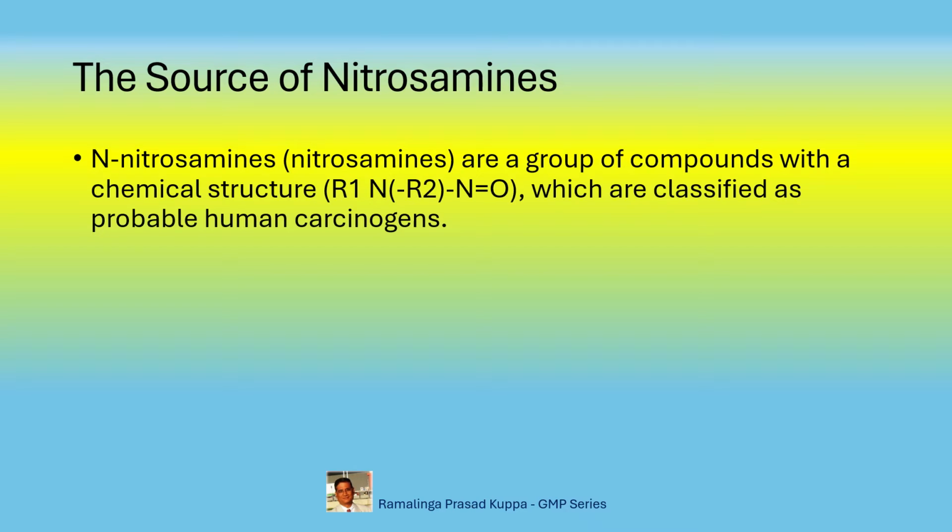These impurities were subsequently detected in other medicines belonging to the SARTAN family, including N-nitrosodiethylamine NDEA, N-nitrosodiisopropylamine, that is NDIPA, N-nitrosoethylisopropylamine, that is NEIPA, and N-nitroso-N-methyl-4-aminobutyric acid, that is NMBA.